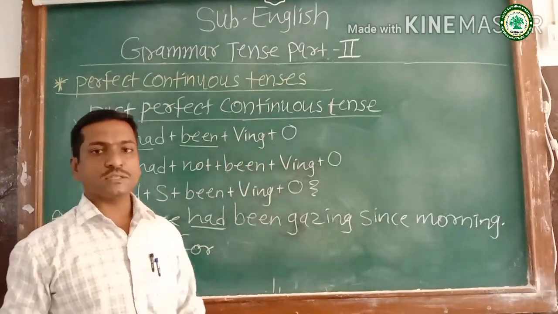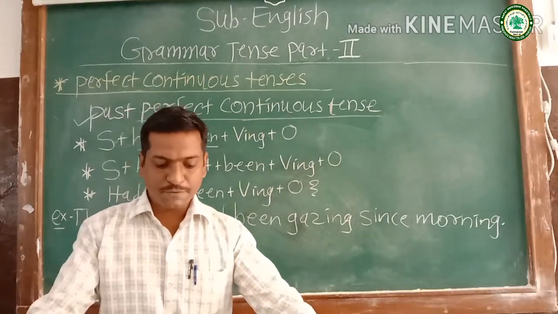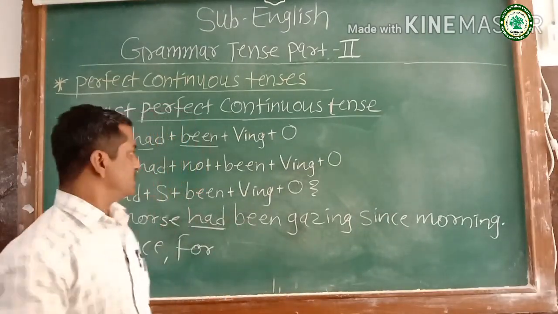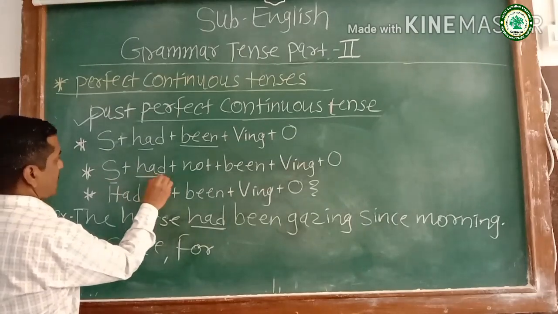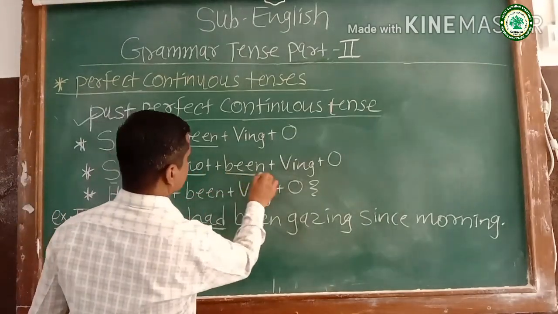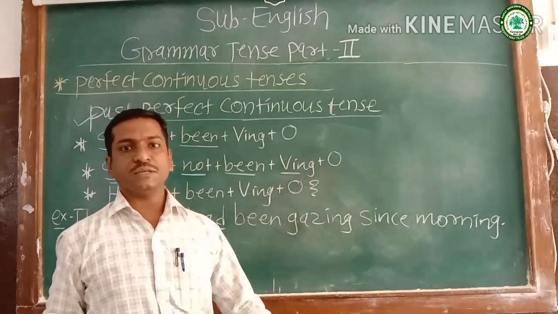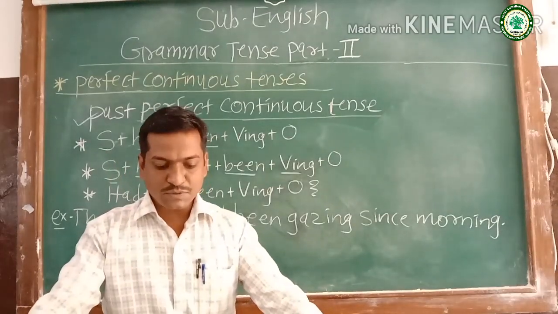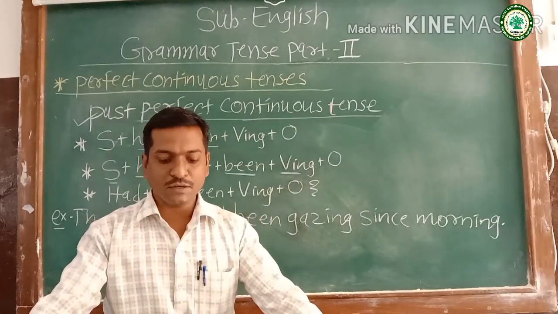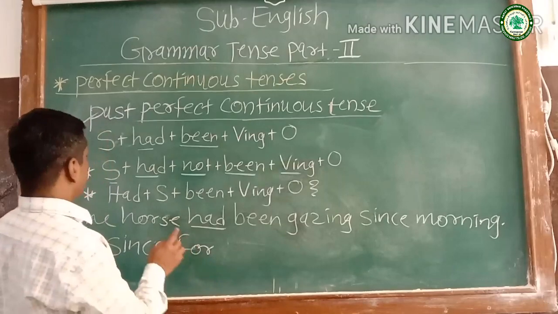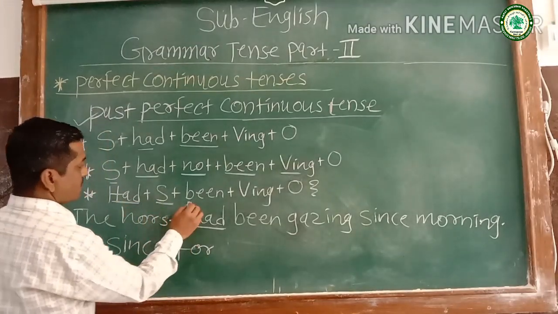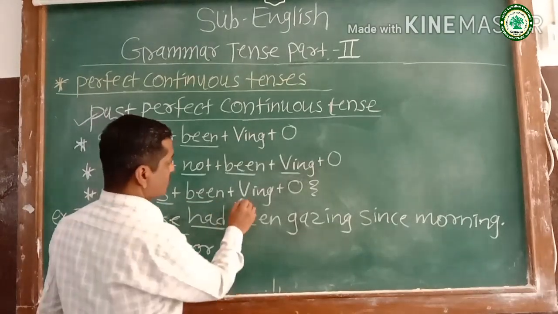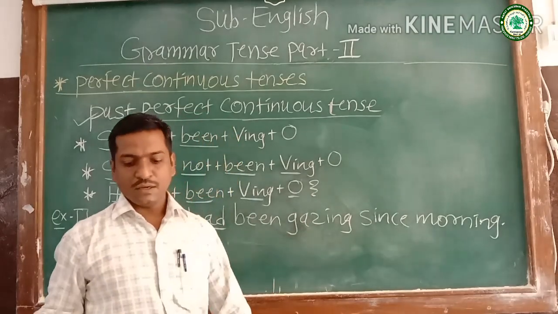The negative structure is subject plus had plus not plus been plus verb-ing plus object. The yes/no type structure is had plus subject plus been plus verb-ing plus object and question mark.